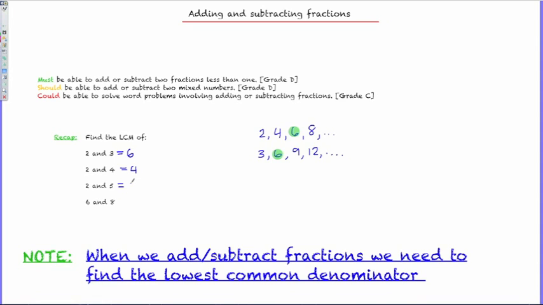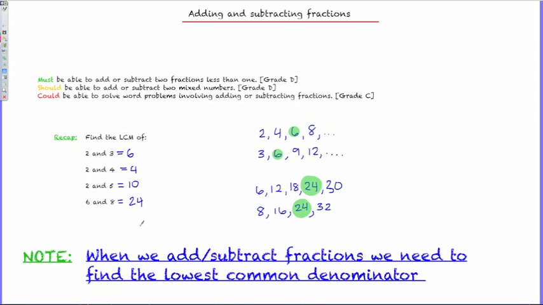For 2 and 5, it's going to be 10. And for 6 and 8, let's just write down our times tables. So the lowest common multiple is going to be 24.